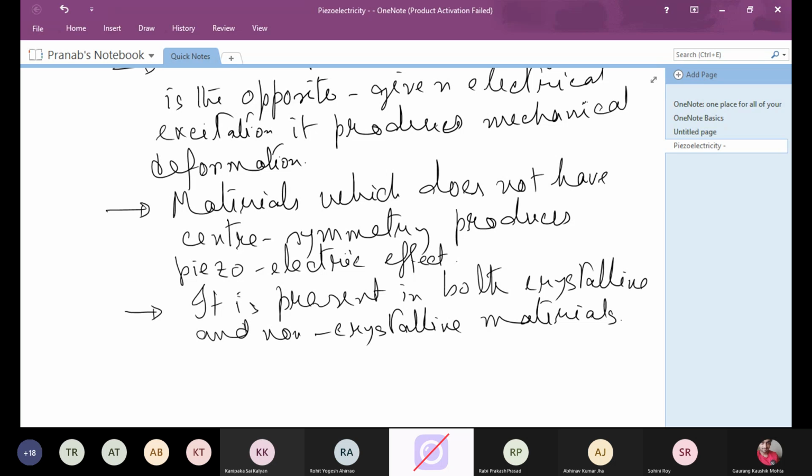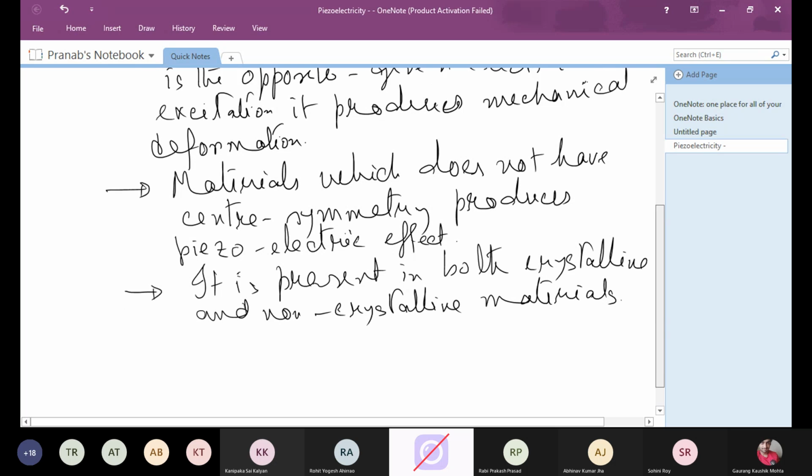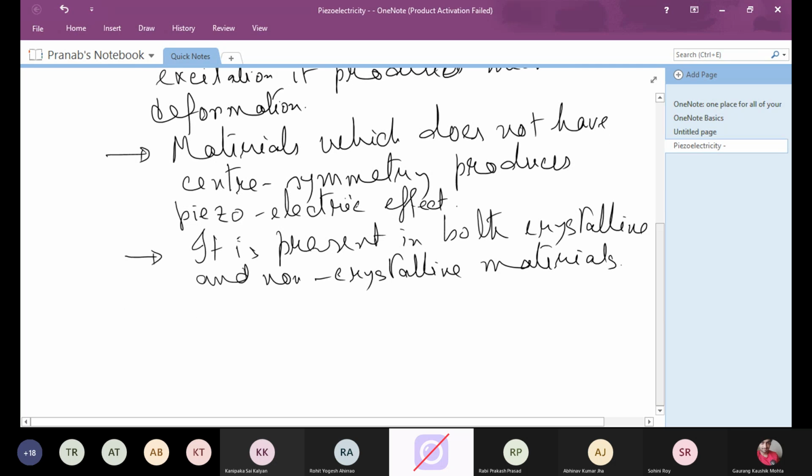So generally it can be expressed in terms of polarization. For dielectric materials, because the charges are available between the two surfaces, there has to be certain kind of dielectric property.